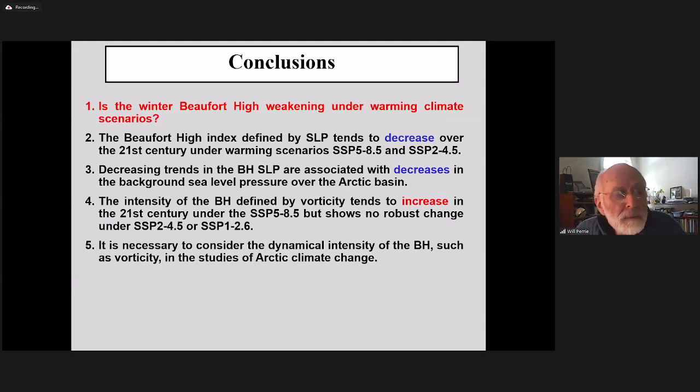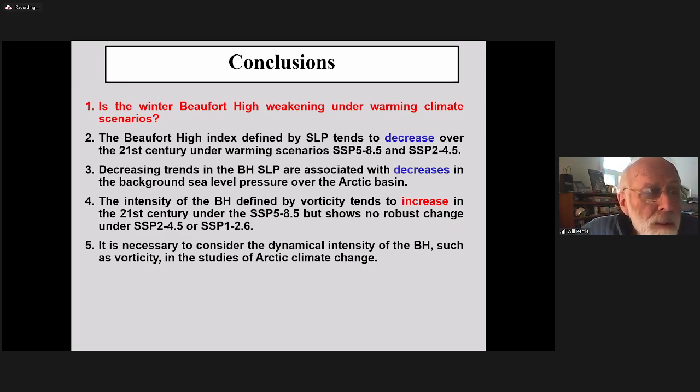So that brings us to the conclusions of the findings of what we've investigated here. First of all, I'll remind you of the question. The question was, is the Beaufort high weakening under warming climate change, or is it intensifying?